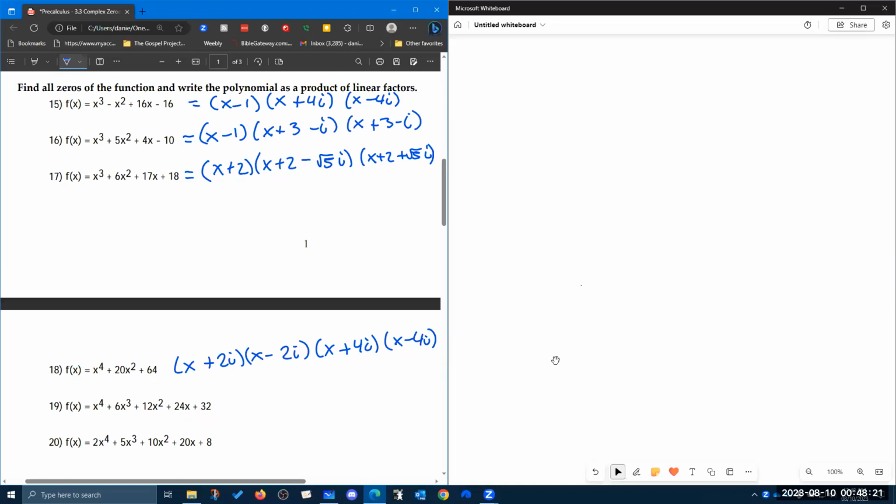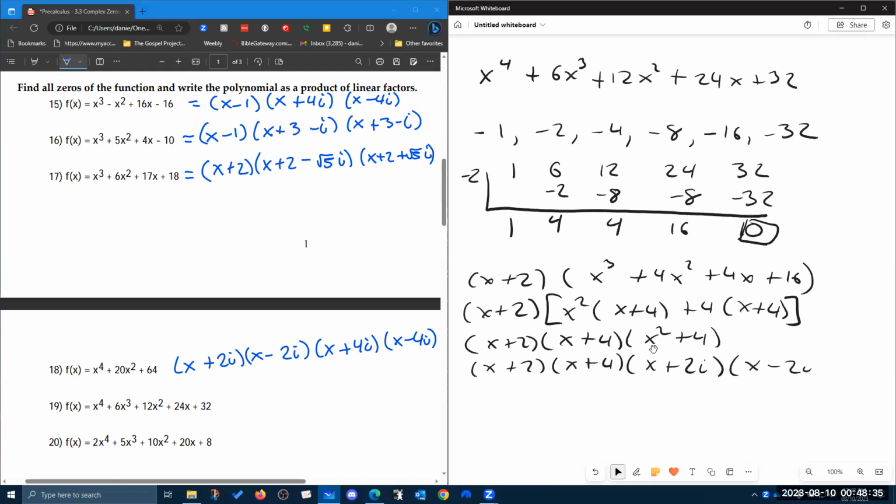And the previous answer is going to be x plus 2, x plus 4, x plus 2i, x minus 2i. There we go. Now we are on the last problem.